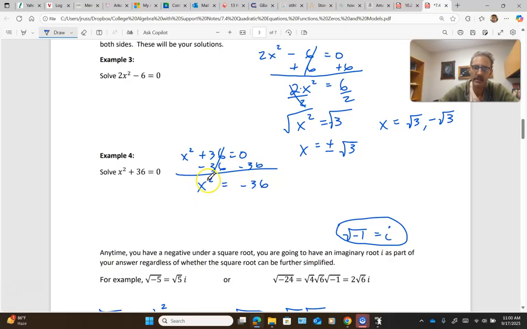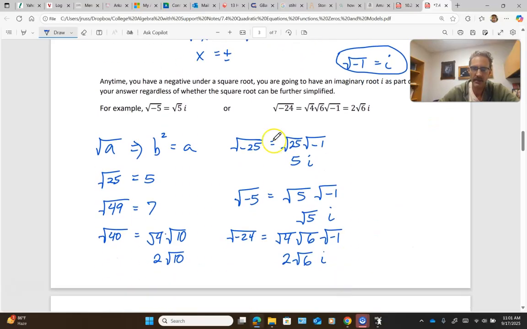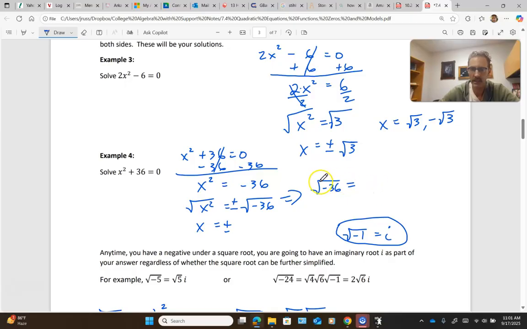And then to convert my x squared into just x, we take the square root of both sides again, or taking the square root of the negative 36. So we get x is equal to, and remember, you get both a positive and a negative root. Now, before I finalize this, I need to come over here to the side and simplify that radical, similar to how we did down here, using an i. So I factor the square root of 36 times the square root of negative 1.